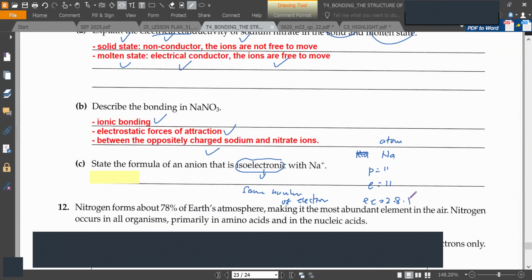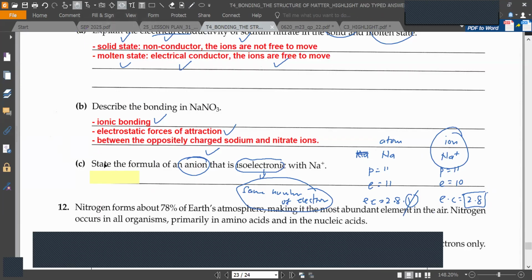It will lose one electron to form sodium ion. Now proton is still 11, electron is 10, so electron configuration is 2,8. What other anions are also 2,8? So our answer is this.